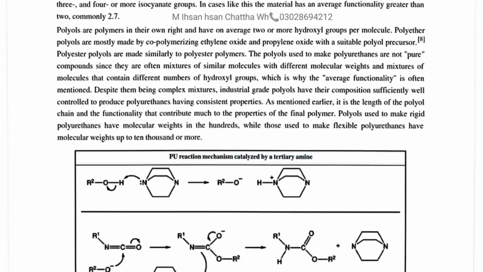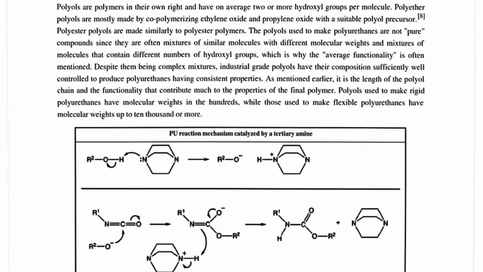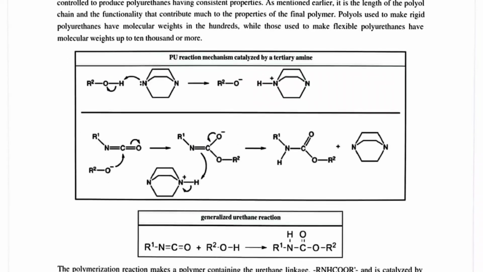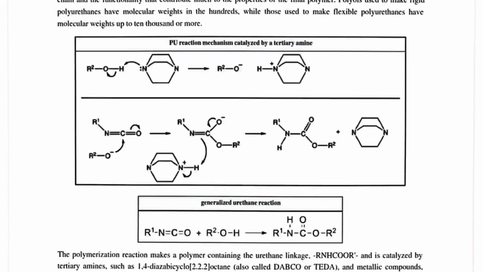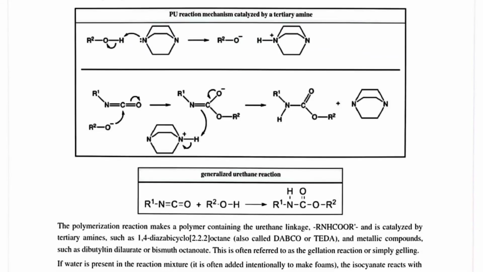Here is the tertiary amine, which catalyzes the reaction of the isocyanate to form the polyurethane. Generally, the generalized reaction of isocyanate is given here: simply an isocyanate linking with a diol.